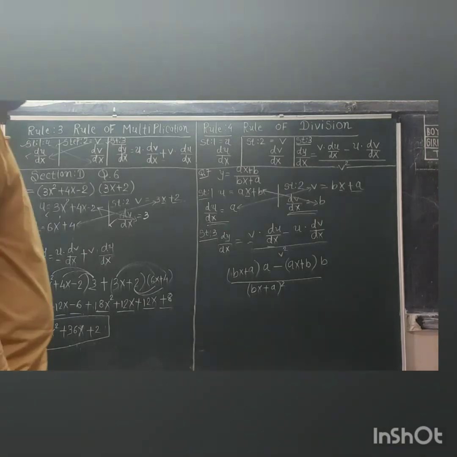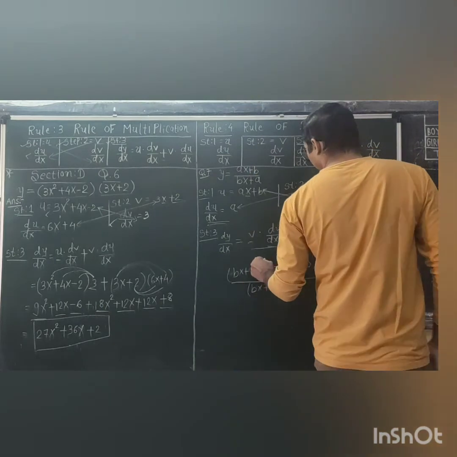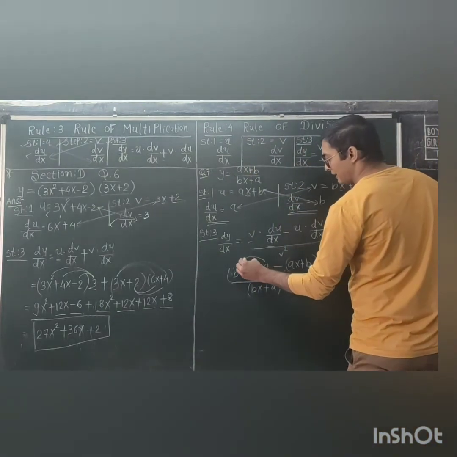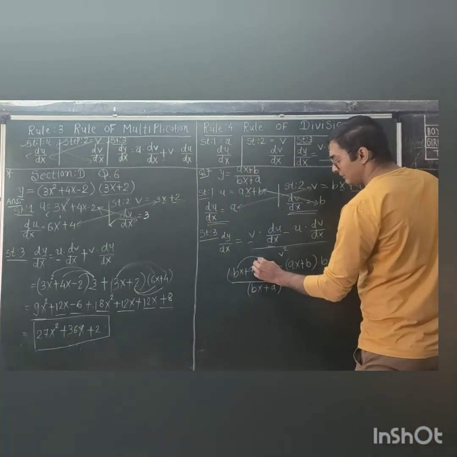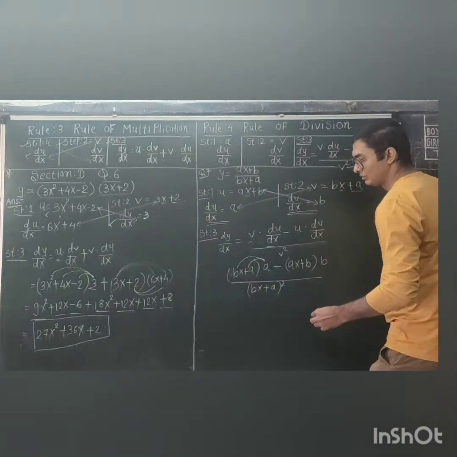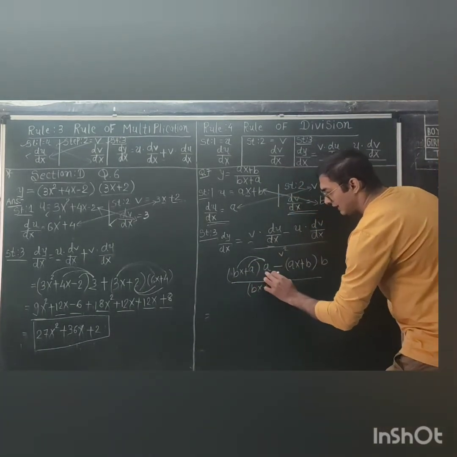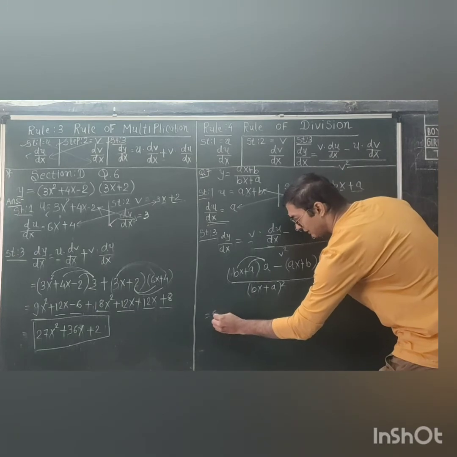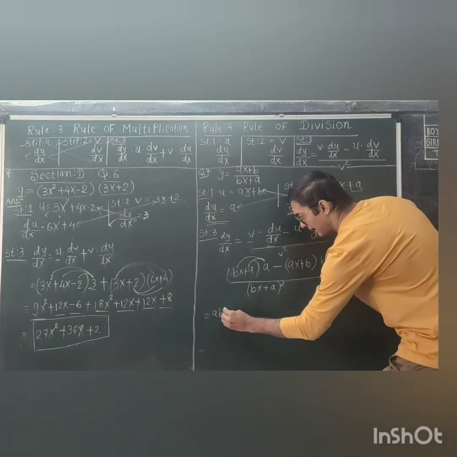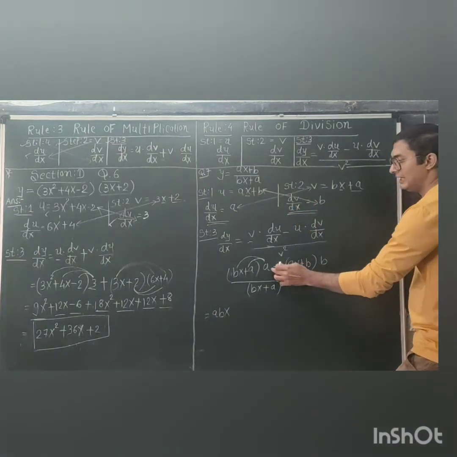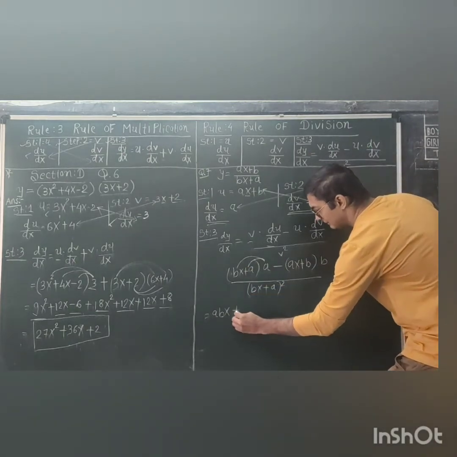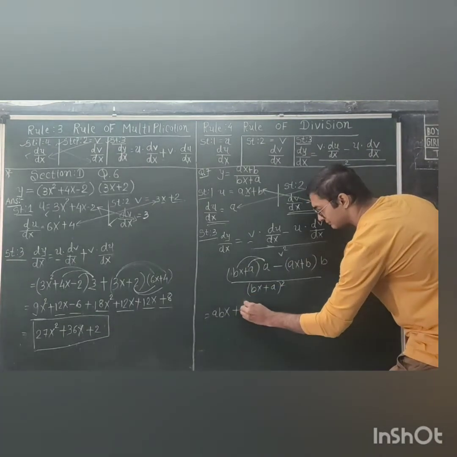Now here a multiplied by bx and a multiplied with a. Therefore a into bx becomes abx and a multiplied by a is a square.